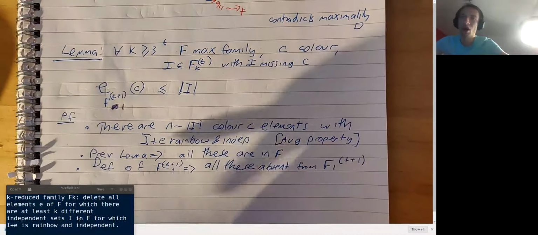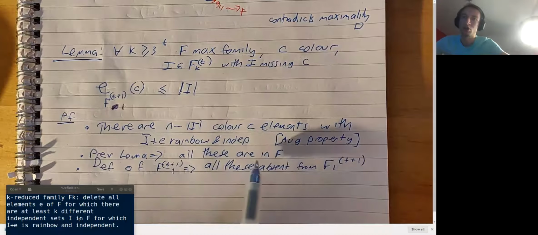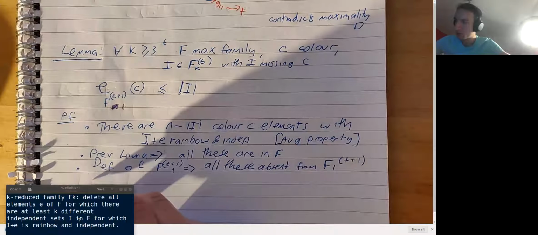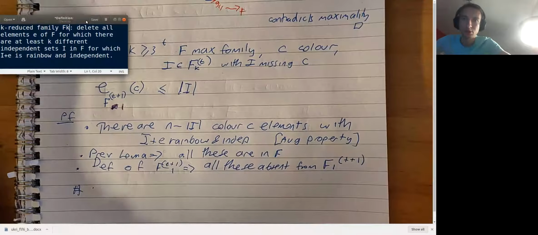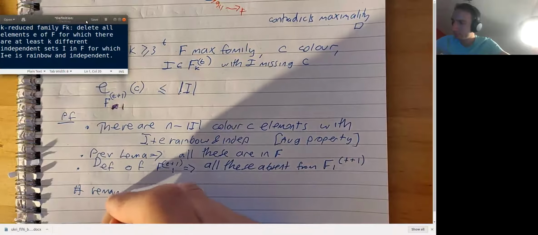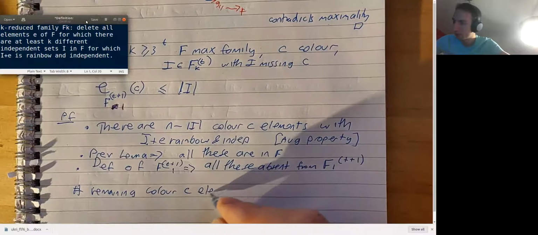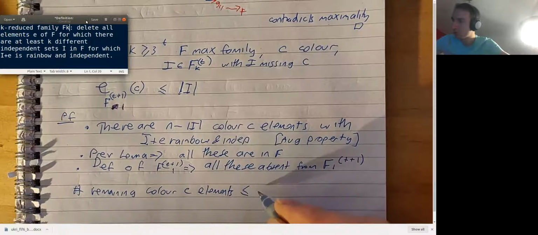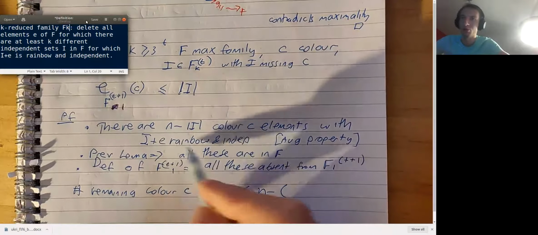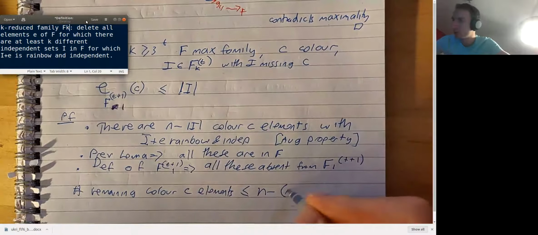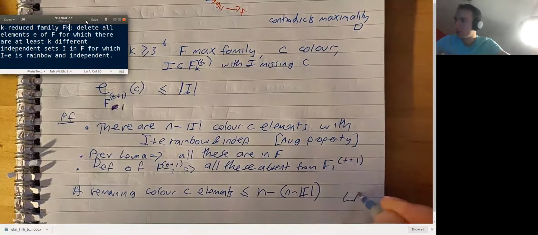So then you just count what that tells you about the number of elements that the color C has left. So the number of remaining color C elements is going to be at most the number of elements that the color had at the start minus the number you're deleting here, which is n minus I, which simplifies to give you this equation that you want.